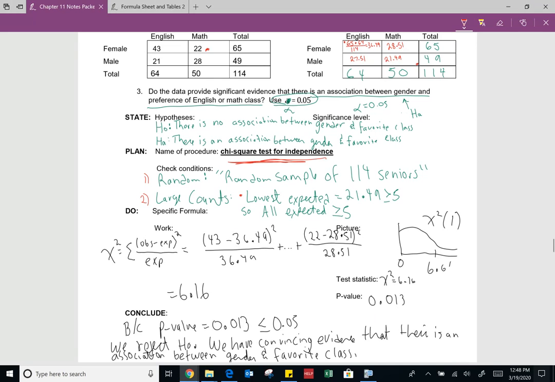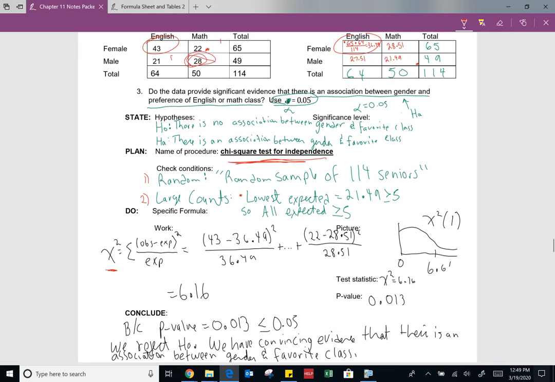Now we need to do the actual work for this. So we need to figure out, well, what is our test statistic that we can then find the p-value for. So the chi-square test statistic, well, the specific formula for this will always be the same, and that's going to be the sum of all observed values minus expected squared over expected. And so this would be just piece by piece, 43, which is this female English, minus what we expect, which is over here, 36.49, squared divided by 36.49, plus, and then you're going to go through all of these until you get to the last one.